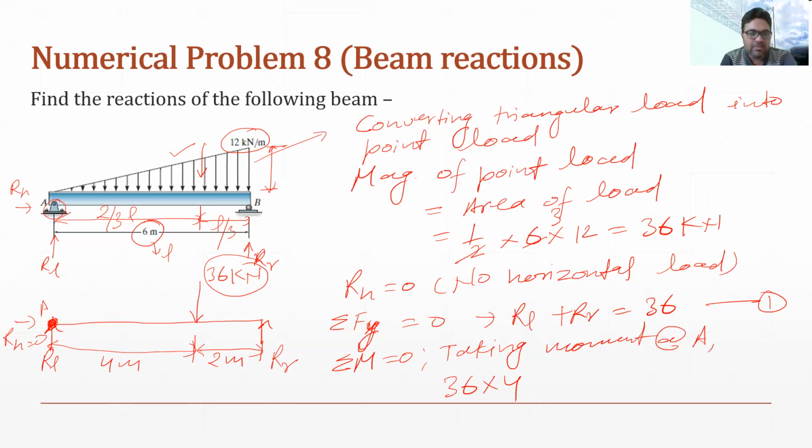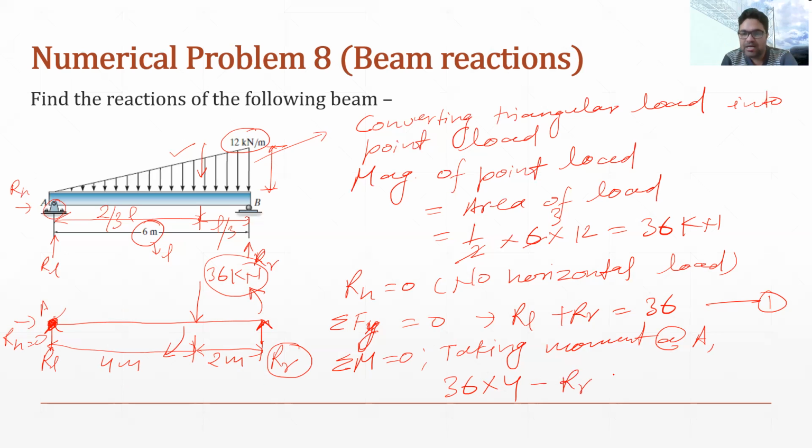So you can see here about this point, this force will try to rotate like this, which is clockwise. So I'm taking this as clockwise, and the moment due to this reaction force, which will be rotating like this about this point, because the direction of this force is upward, will be negative.